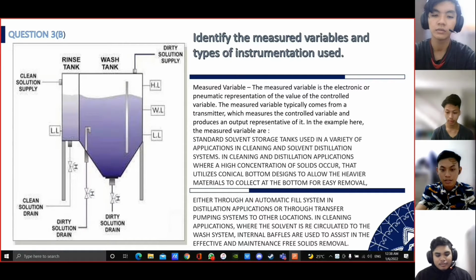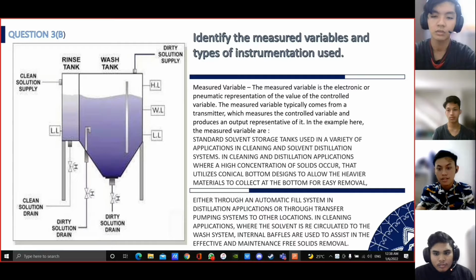In cleaning applications, where the solvent is recirculated to the wash system, internal baffles are used to assist in the effective and maintenance-free solid removal.